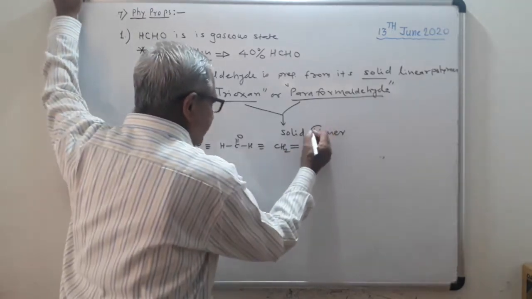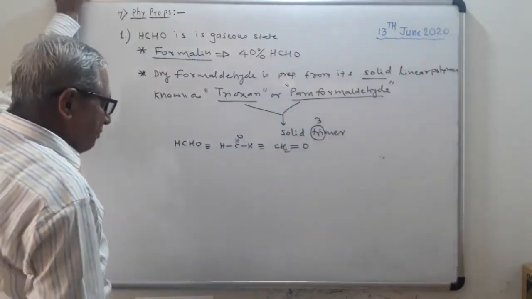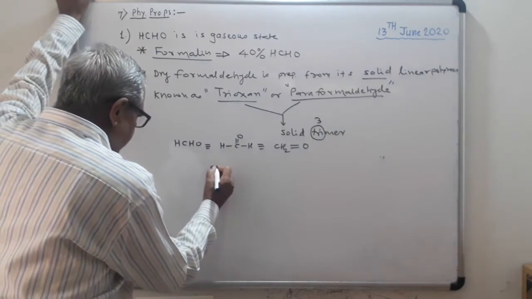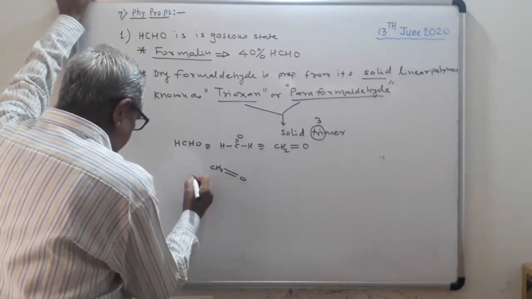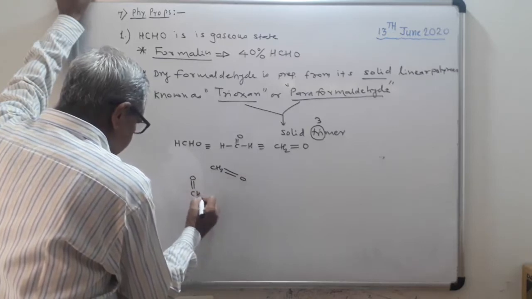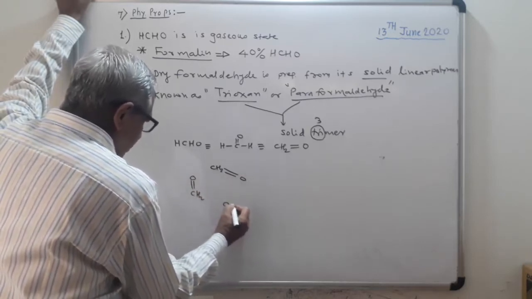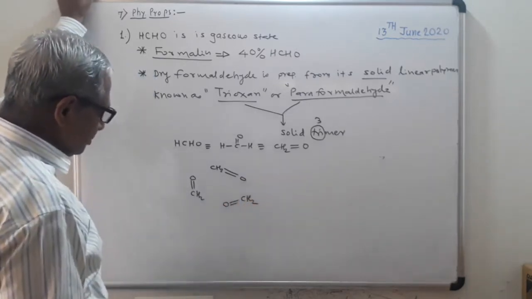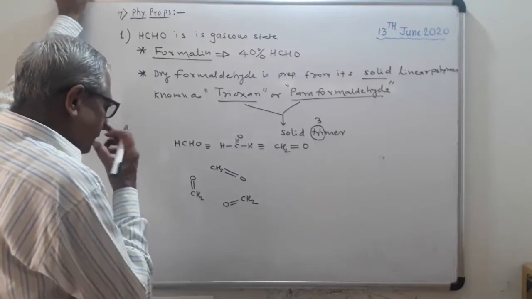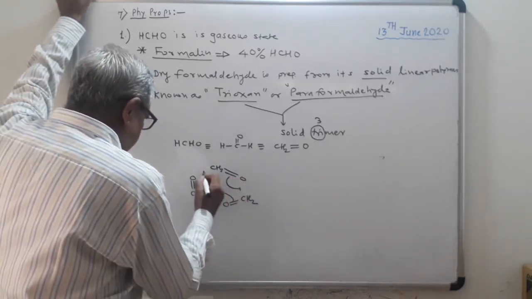Here tri indicates 3. So 3 molecules of the formaldehyde will react together. So what you will get here: CH2 double bond O, then O double bond CH2, then O double bond CH2. See, these are the 3 molecules of formaldehyde. You just shift this one here, this one here, this one here.